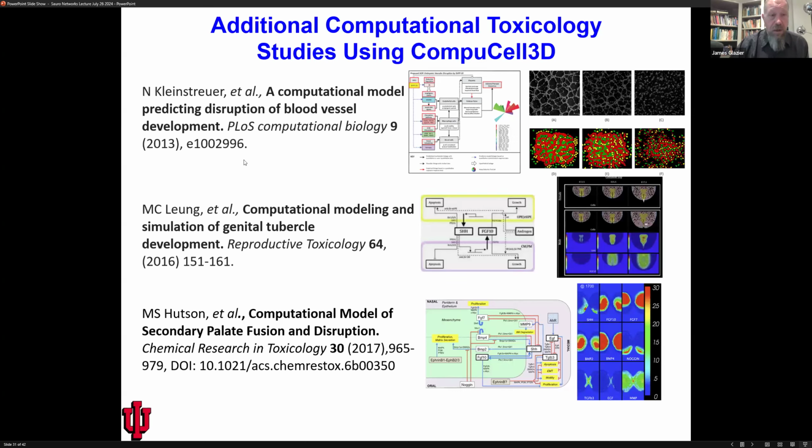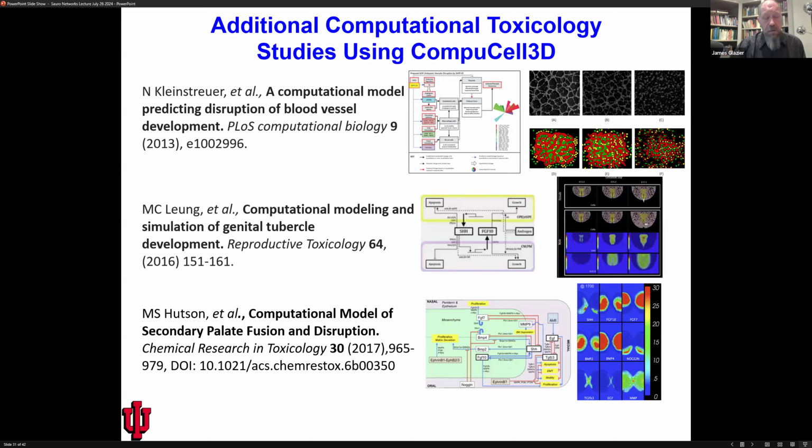Nicole Kleinstreuer, who's now head of NICEATM, NIH, during her postdoctoral period, 10 years ago or more, worked on vascular disruptors, chemicals that could interfere with blood vessel development in embryos. Here's a model by Max Lung modeling the effect of estrogen mimics on disrupting urogenital development.